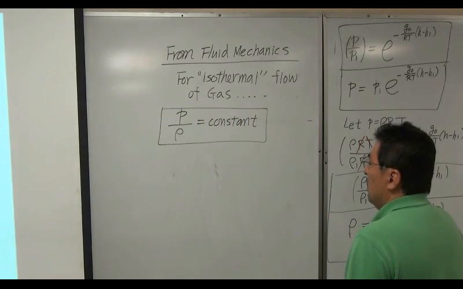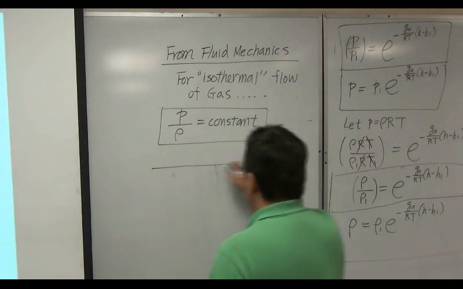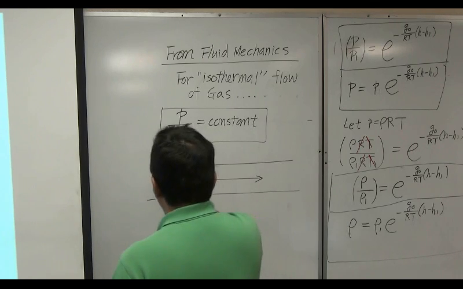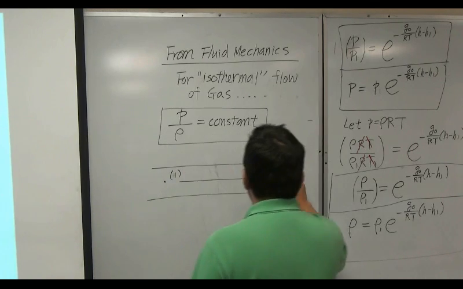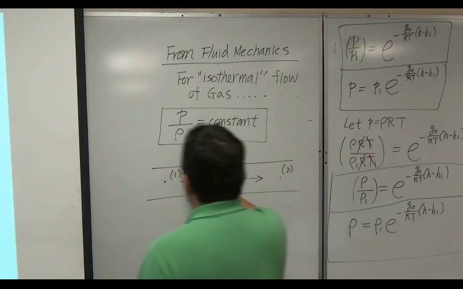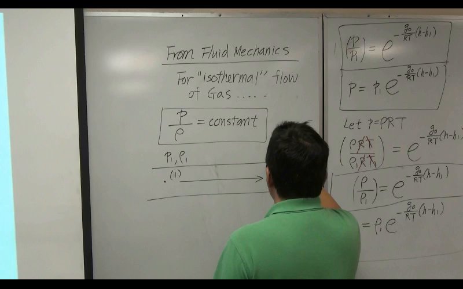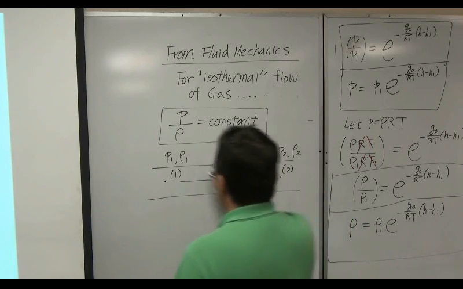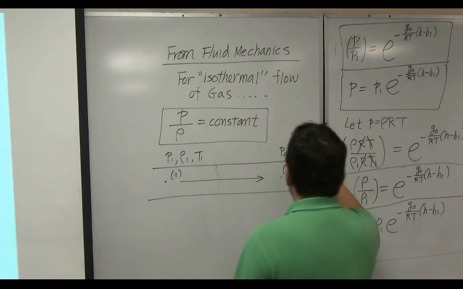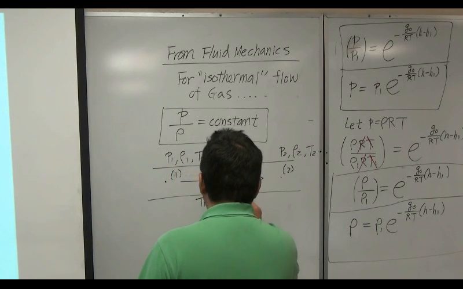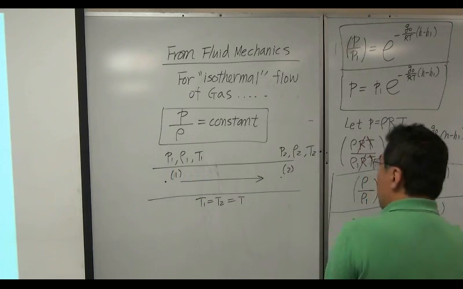What do you mean by that? That means if you have a flow of gas, maybe within a pipe or something, with location 1 here and location 2 here, this is pressure P1, density rho 1, T1, and this is pressure P2, density rho 2, T2. Now, isothermal means T1 equals T2 equals T. Temperature is constant.